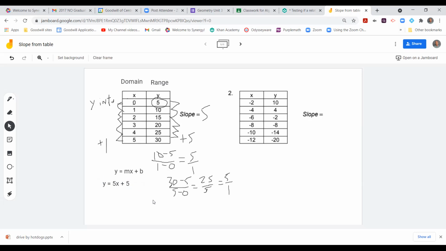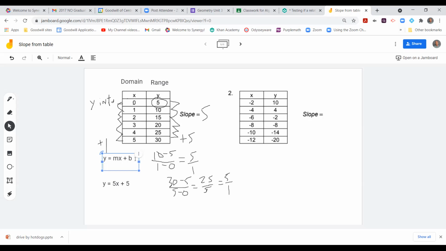But if you didn't recognize that 0, 5 ordered pair as the y-intercept, now it's just like any of these other ones where we use a point and a slope, or we use 2 points because we had to find the slope first and then use a point. So let's go back and use the form of y equals mx plus b and do the substitutions.